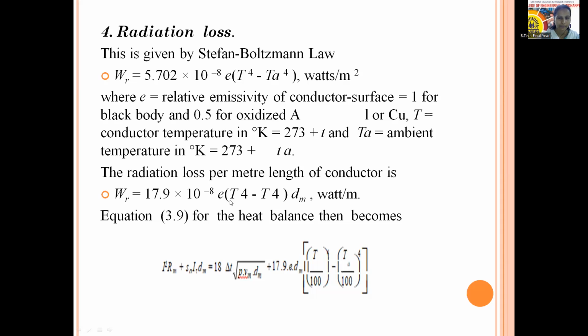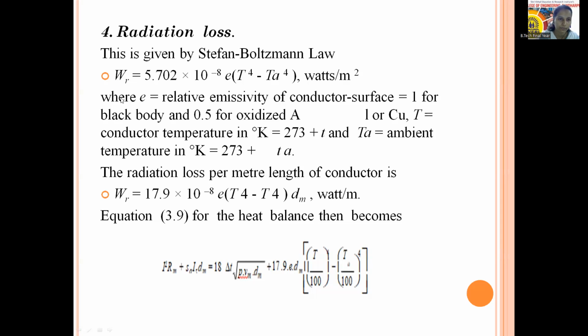The radiation loss per meter length of conductor is WR equal to 17.9 into 10 raised to minus 8, E into T raised to 4 minus Ta raised to 4, into dm, which is in watts per meter.